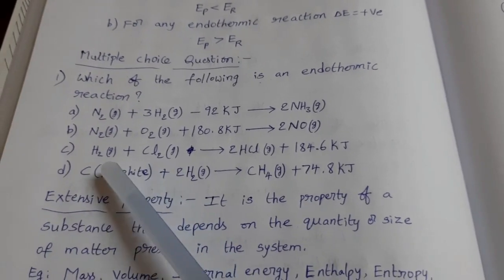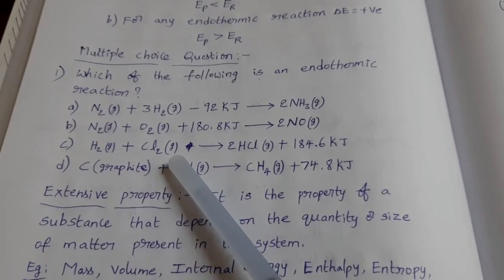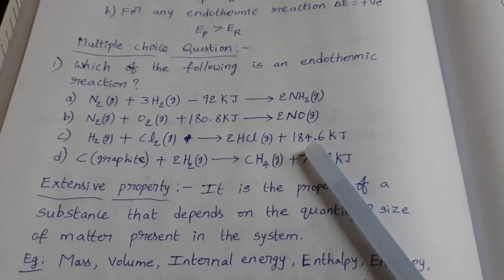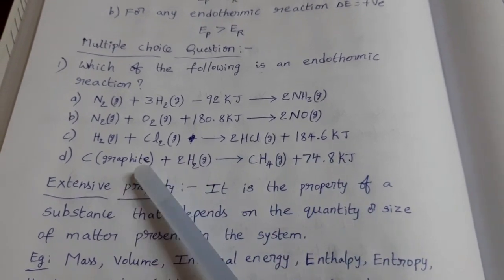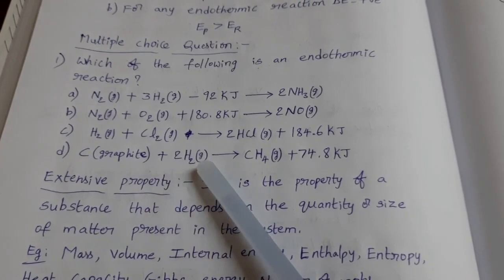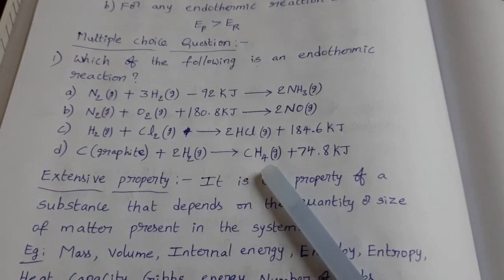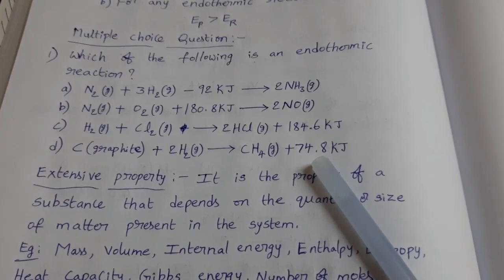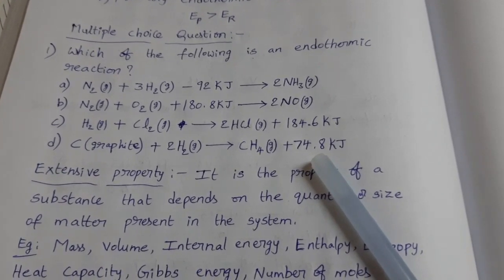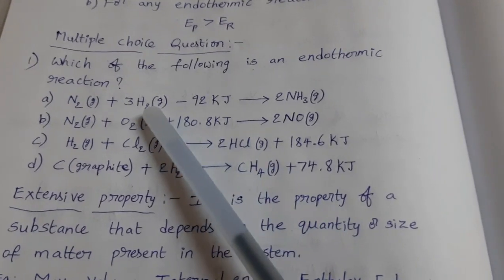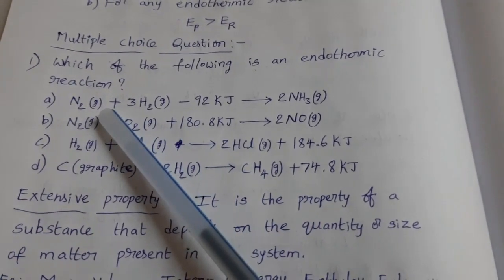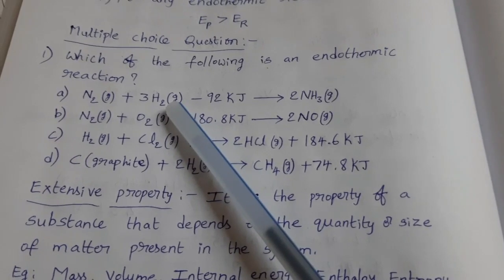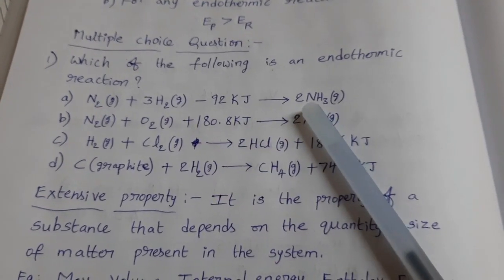See this option. Hydrogen gas reacts with Cl2, chlorine gas, and forms 2HCl and this much amount of heat energy. Here graphite reacts with hydrogen gas and forms CH4 gas and produces this much amount of heat energy, 74.8 kilojoules. Now come to this one. Nitrogen gas reacts with hydrogen gas, produces 2NH3.